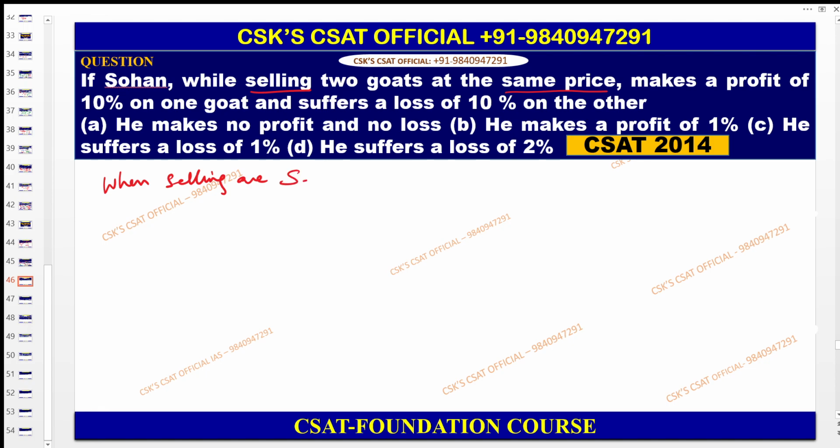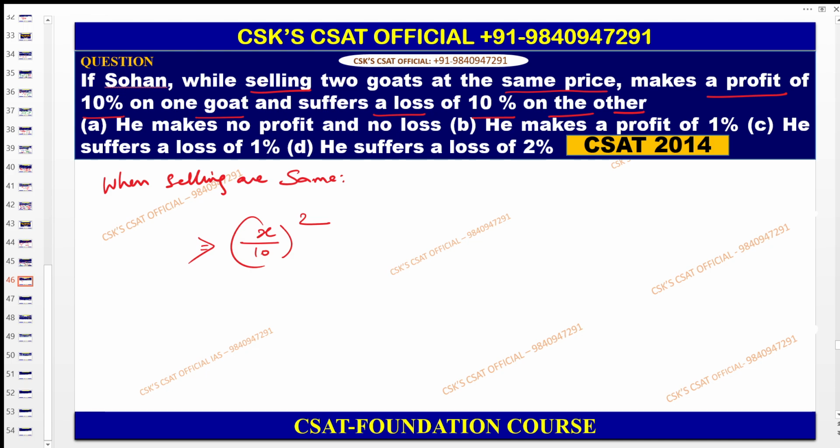Selling prices are the same, then makes a profit of 10% on one good and suffers a loss of 10% on another good. Then what is the procedure? X by 10 the whole square, provided what is the condition? The selling prices are the same.